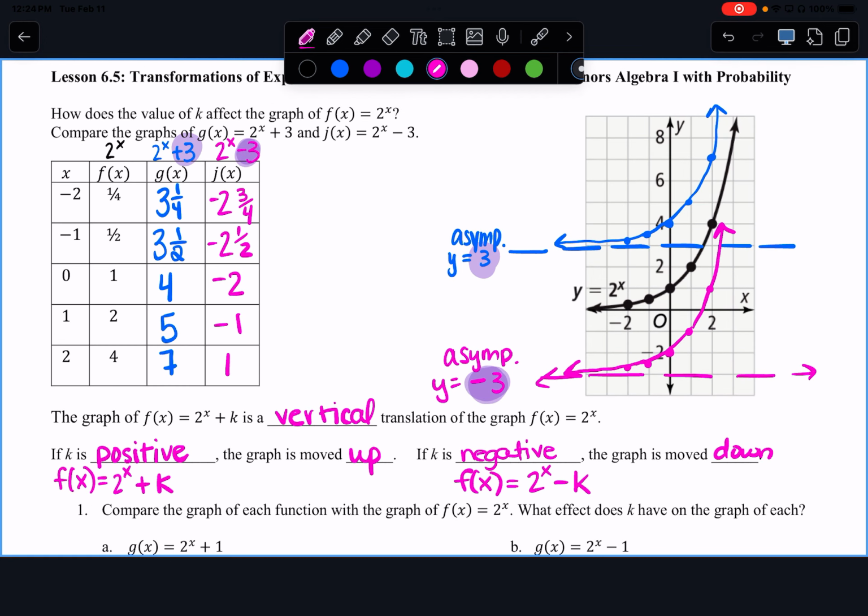And I want y'all to put a star to the side, and then we're going to say asymptote is y equals k. Whatever that is, we add or subtract to the end of it, that becomes our new asymptote.